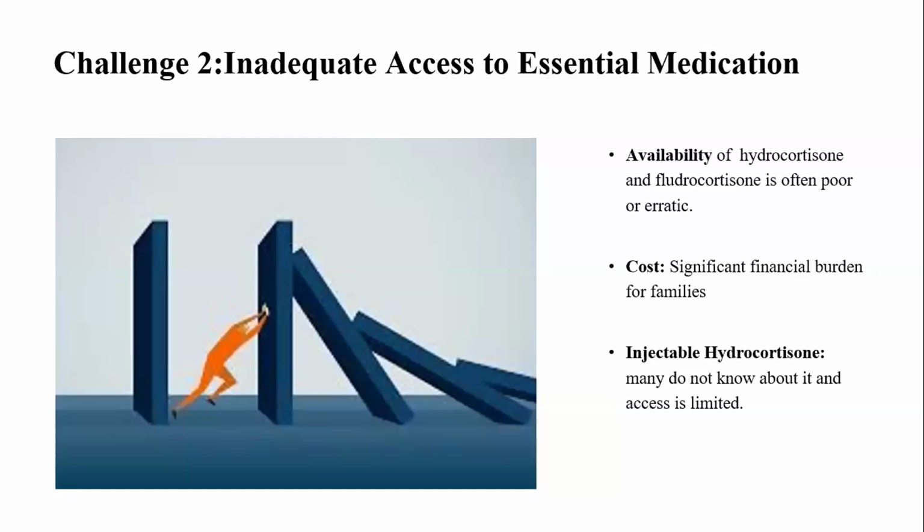Hydrocortisone and fludrocortisone themselves are not included in the National Essential Medicines list, and the cost is significant, which is a burden for families. Most families that are affected are not on any medical aid, and as a result, a family needs, like I mentioned, $70 per month to buy both fludrocortisone and hydrocortisone. So you find that some of the parents can go for a month or two without hydrocortisone, and then they'll call and say, I don't have this medication, I haven't had it for a few months.